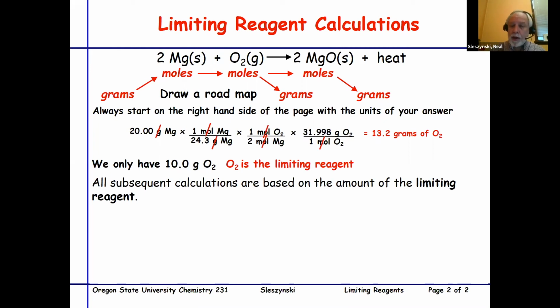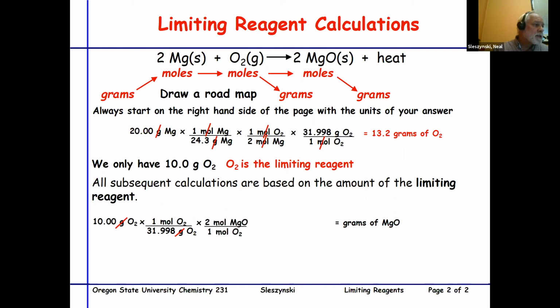So if I would like to calculate how many grams of magnesium oxide I can form based on the amount of material I've been given, oxygen is our limiting reagent, and we will start out using the number of grams of oxygen we've been given. We're going to multiply by 1 over the gram molecular weight of O2, cancel out grams of oxygen to find out how many moles of O2 we've added to the reaction when we've added 10 grams.